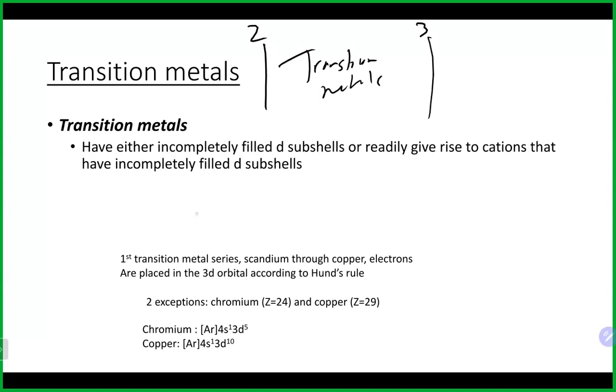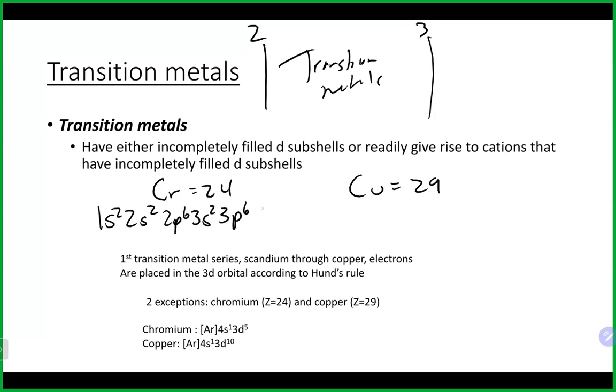The two exceptions that you should be responsible for are chromium, which is number 24, and copper, which is 29. They both have basically the same sort of exception. If you wrote the electron configuration using our chart for chromium, 1s2, 2s2, 2p6, 3s2, 3p6, 4s2, 3d4 is what you would end up with.